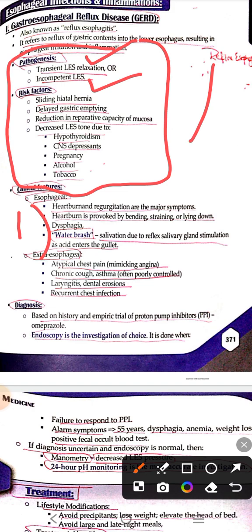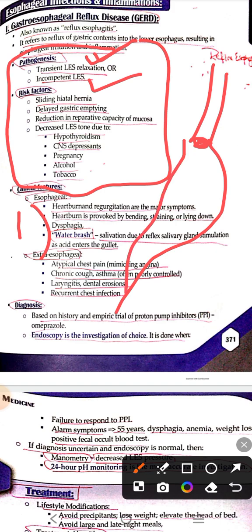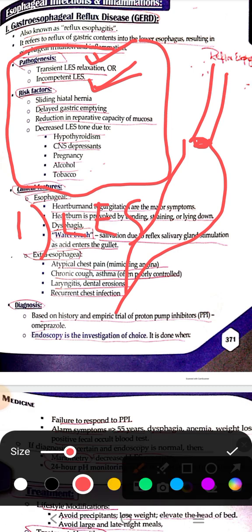This is the esophagus, and just before the stomach starts, there is a sphincter, that is the lower esophageal sphincter. If there is any relaxation or incompetence of the lower esophageal sphincter, also called LES, GERD can happen. And I will also tell the risk factors due to which this lower esophageal sphincter tone is reduced.